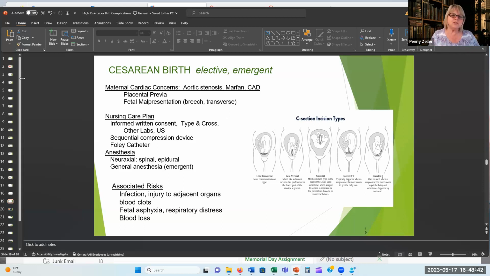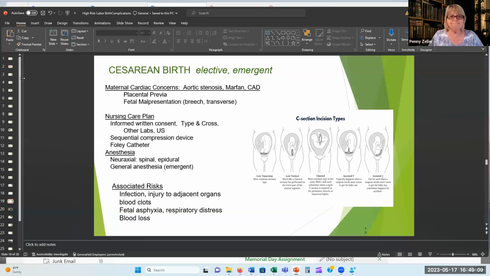Because to do a C-section would put her at a greater risk for blood clots, right? So that would make it even worse for the heart. Aortic stenosis, that lower part of the aorta that's very narrow, so that the heart really has to work hard to pump the volume. Okay, Marfan syndrome, same thing. Okay, coronary artery disease, all three of those.